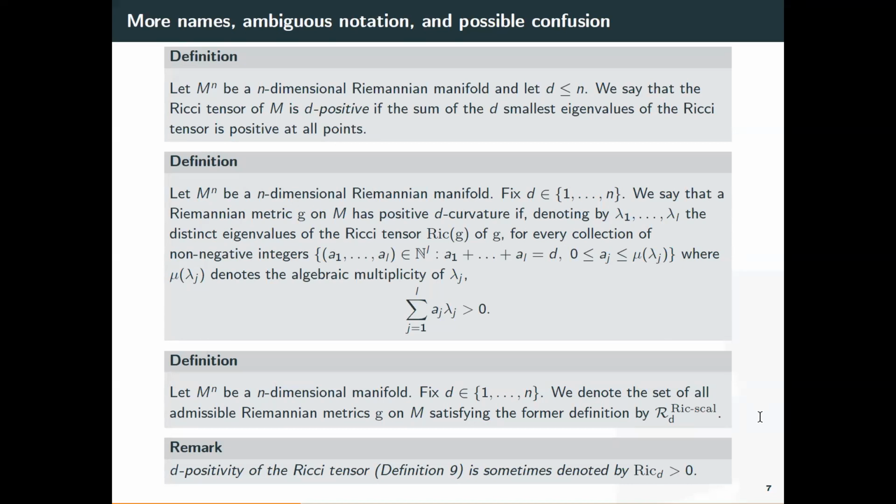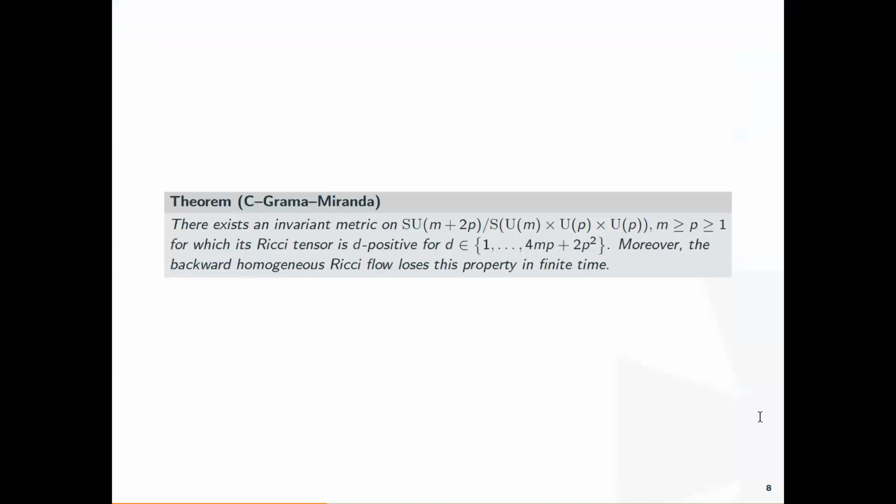The D-positivity of the first definition on this slide is sometimes, in some references, not in this talk, denoted by this Ricci D that we were using from the former concept. So not here, but be careful. There are a lot of different notations in the literature. Many names, many ambiguous notations, and much confusion.